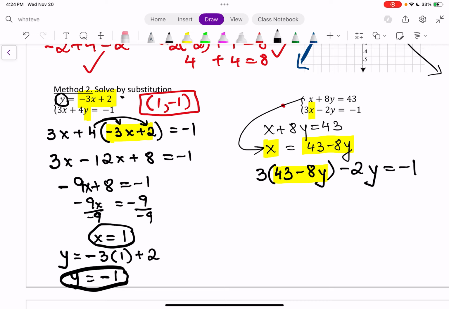So again, what we've achieved here is that we now have an equation that has one variable only. And we know how to solve for that one variable. So I'm going to combine like terms. Minus the 129 over.